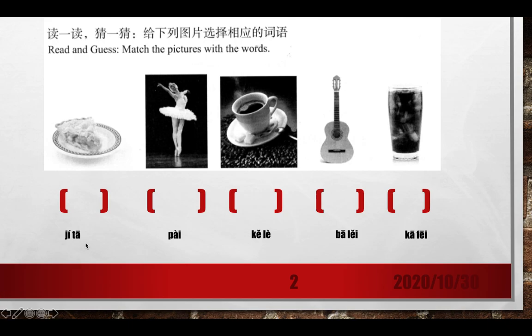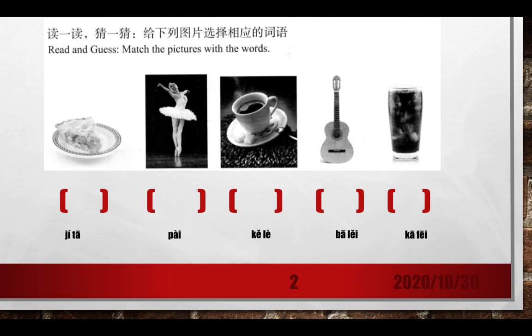Of course, they are written in Pinyin, not directly in Chinese characters. So please, I will give you some time to guess which word should be under which picture with the correct meaning.